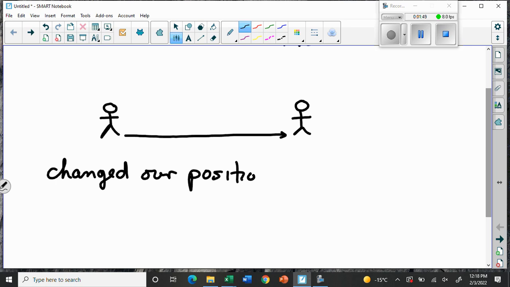If you change the position of something, essentially you move it from one place to another. Another word that we use when we say we've moved something is we say that we have displaced it. To displace means to move from one place to another. So a displacing or a displacement is what describes how we move from one place to another.